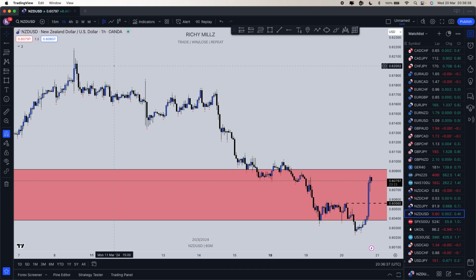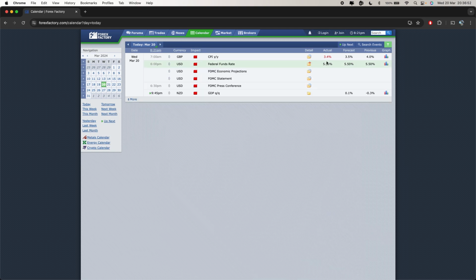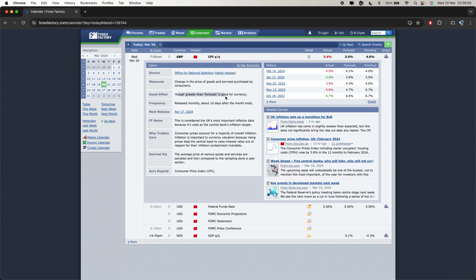Of course, as I said, you can go back and actually read the statements, so you can read all of this if you need to. I don't do that. I just read the usual effect, and I read the history, the previous, the forecast and the actual, and I know the difference between the numbers and what it means. Like GBP, for example, earlier today, actual greater than forecast is good for the currency. That's all I need to read.